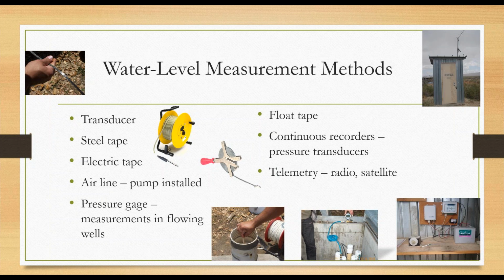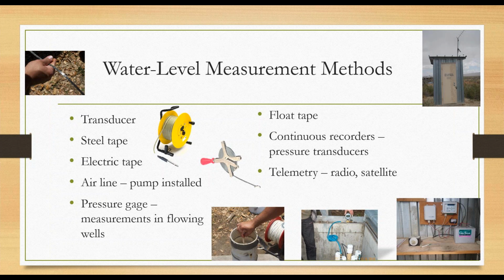Okay, there are different methods to collect water level measurements. We use transducers to help collect continuous measurements, steel tapes, e-tapes, electronic tapes, and airline, which is usually put in a pumped well. Let me go back a little bit.